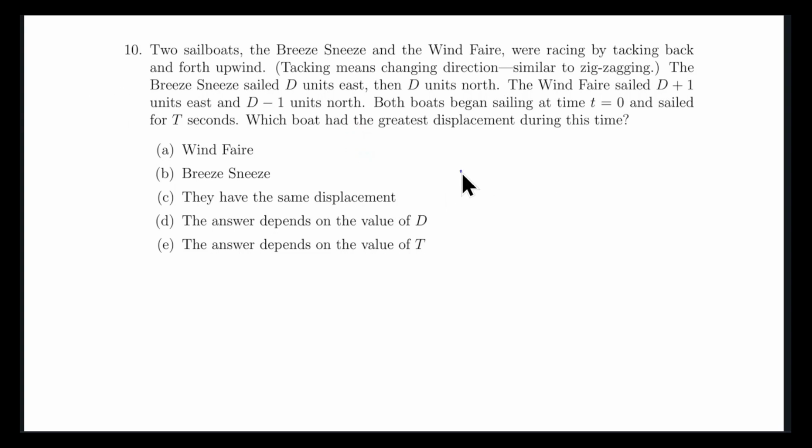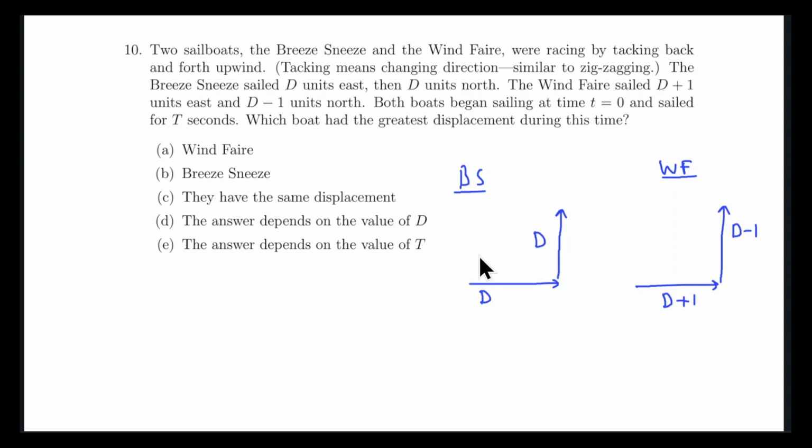Okay, so BS is going D units east and D units north, and WF is going D plus 1 units east and then D minus 1 units north. They're talking about displacement.